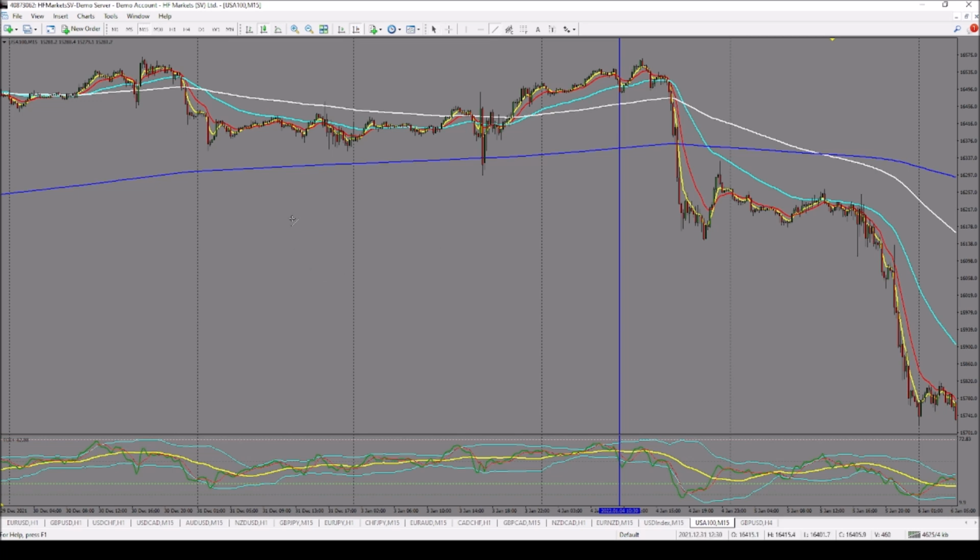So NAS100 will require you to know what you really are doing, as I've said earlier. So in doing so, you need to trade with the trend. And by trading with the trend, you are basically following market structure.